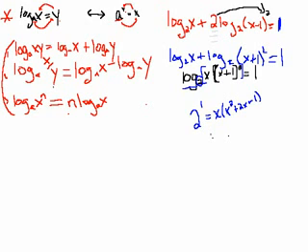So far, so good? Now this is just like an algebra 2 problem. We would multiply this out again. 2 equals x cubed plus 2x squared plus 2x minus 2.